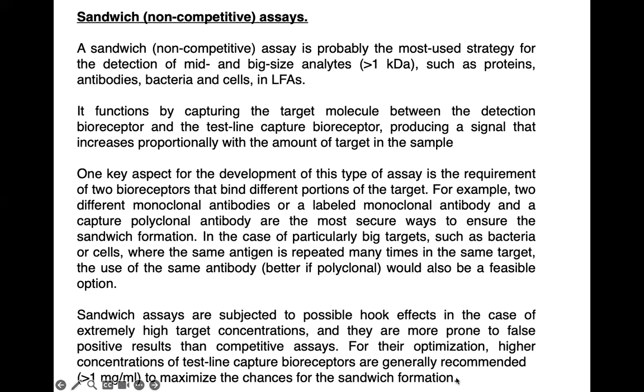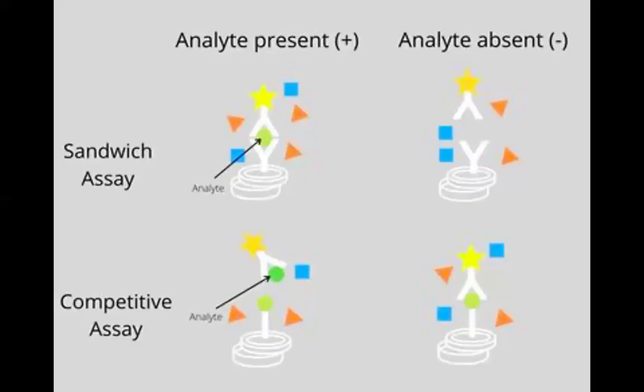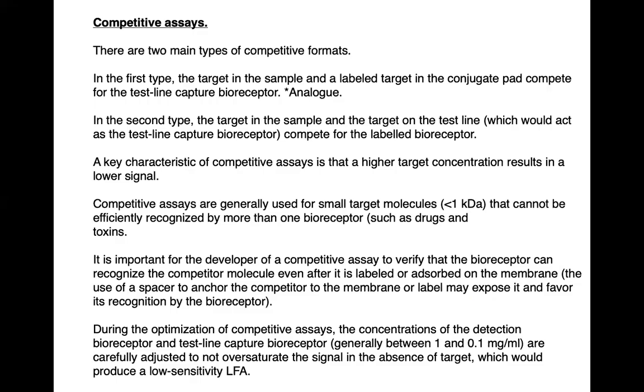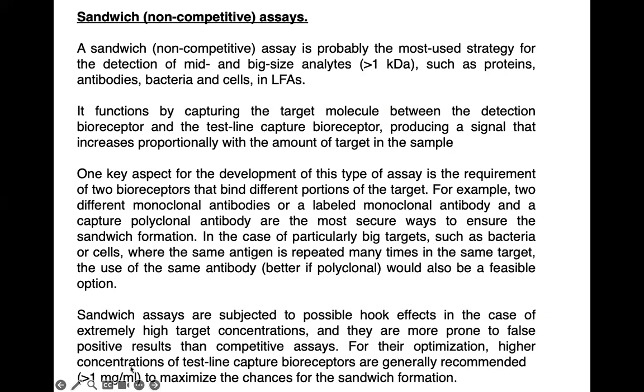So based on my reading, you can see the difference: if it is competitive, you can use between 1 and 0.1 milligram per mil, whereas for non-competitive, it is more than 1 milligram per mil, which is a lot. That's probably the negative side of using non-competitive. But it works well with big proteins.